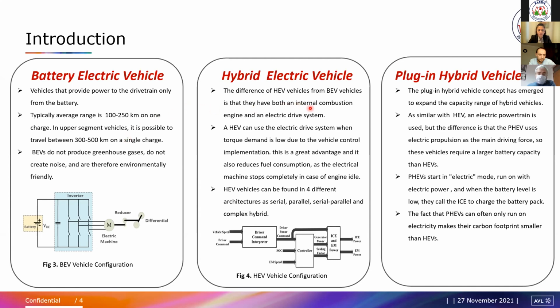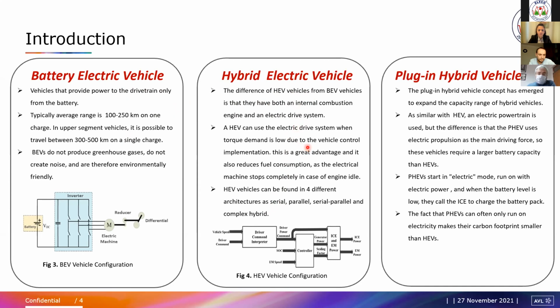And hybrid electric vehicles: what are the differences between hybrid cars and battery electric cars? Mainly, hybrid cars have both an internal combustion engine and an e-drive system. This is a more complex system than the battery electric vehicle, because you need to control the driver command using two different engines, the internal combustion engine and the e-machine.